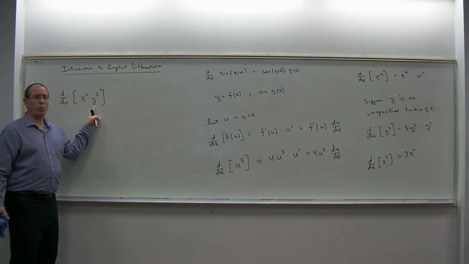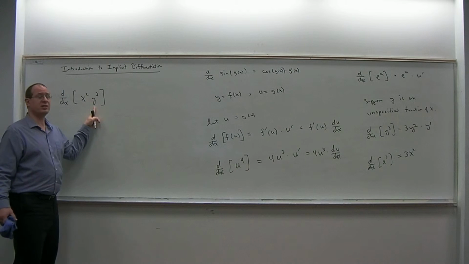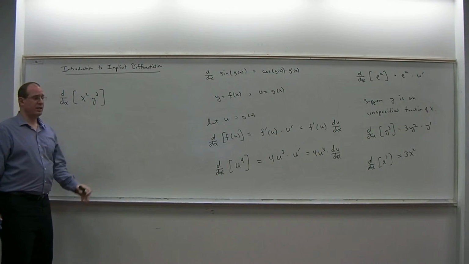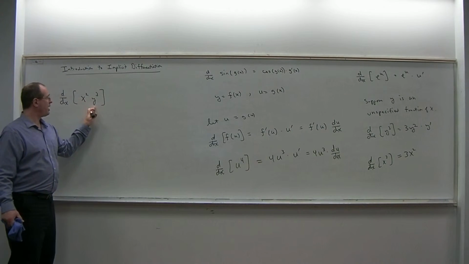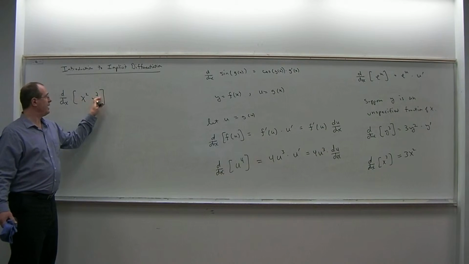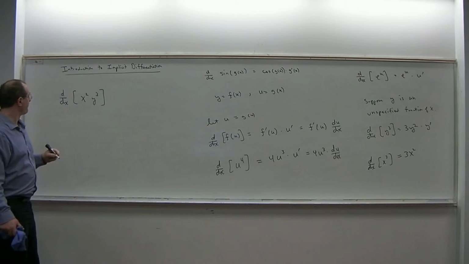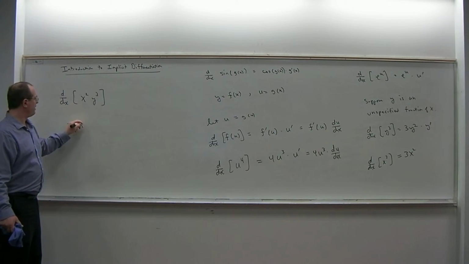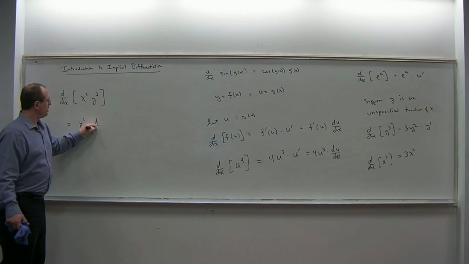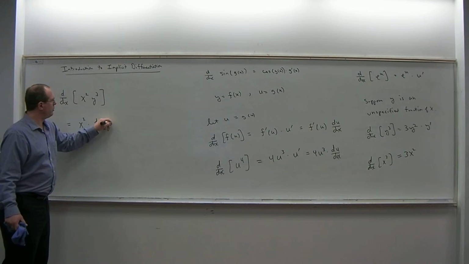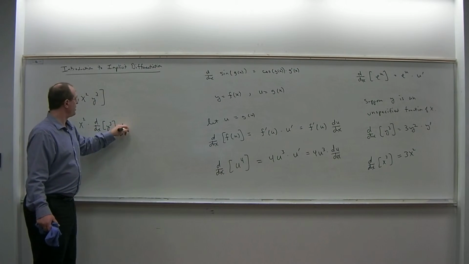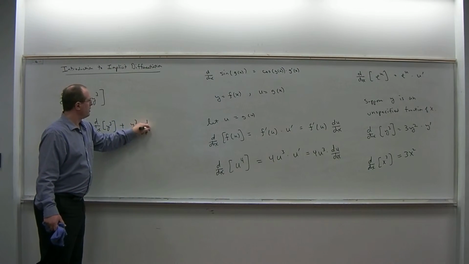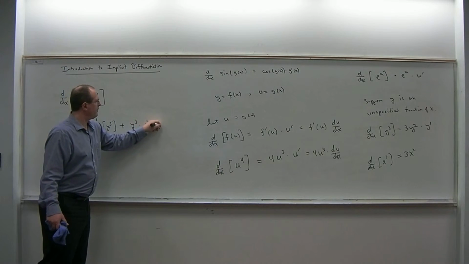Because we're assuming that y is some function of x, y cubed is a composition of y, which is a function of x, and the cube function. So first we're going to use the product rule. The derivative is x squared times the derivative of y cubed plus y cubed times the derivative of x squared.